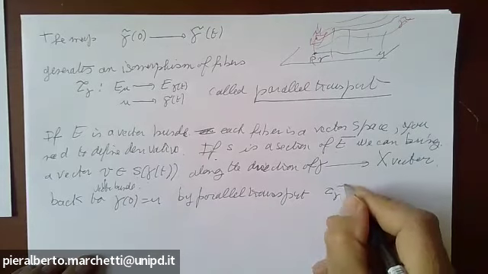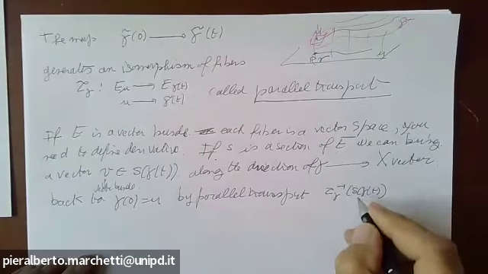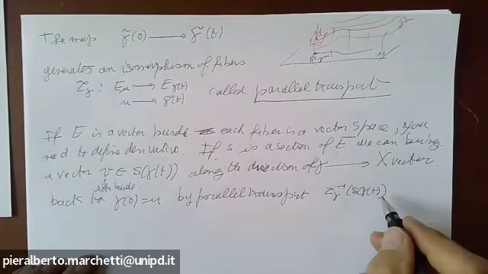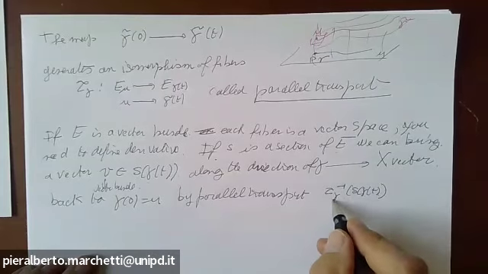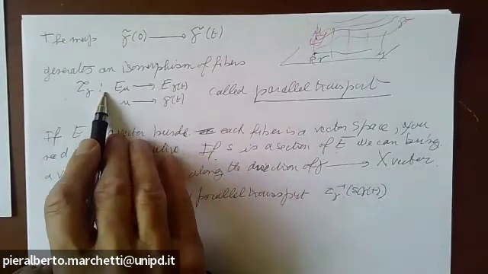So you have your vector, it was S of gamma of t. It is a point on the fiber, so you can bring it back through tau of gamma from here back to here.